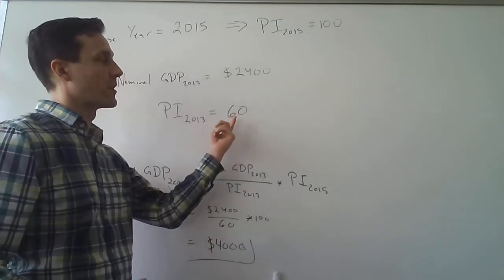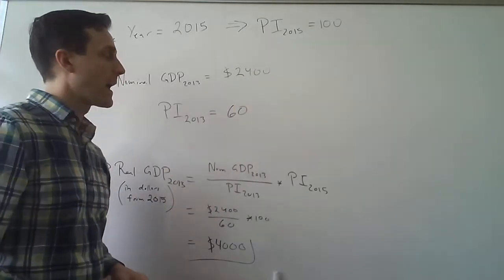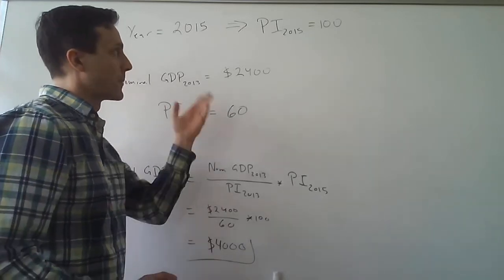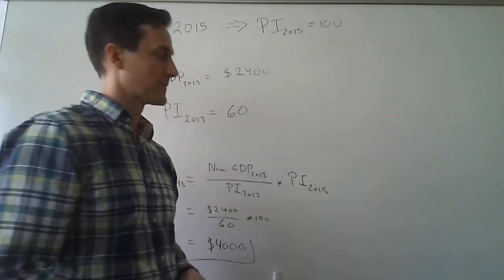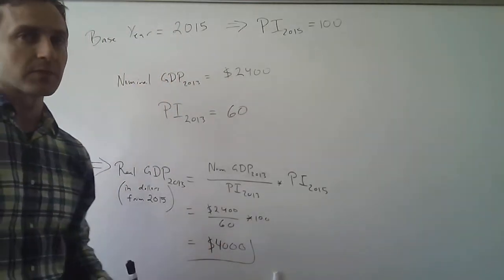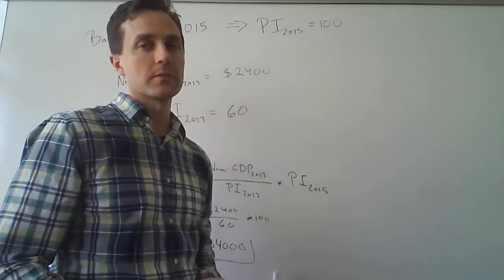Since the price index has gone from 60 to 100, that's 2/3 inflation basically in the matter of a couple of years. So that's pretty high inflation, and that's why the GDP level for real GDP happens to be so much higher than the nominal amount, right?